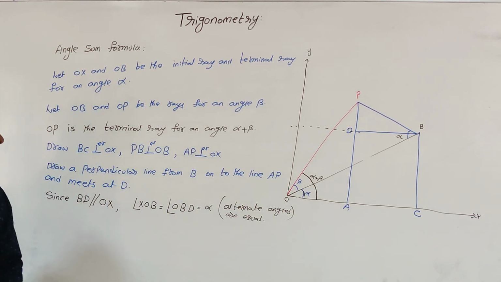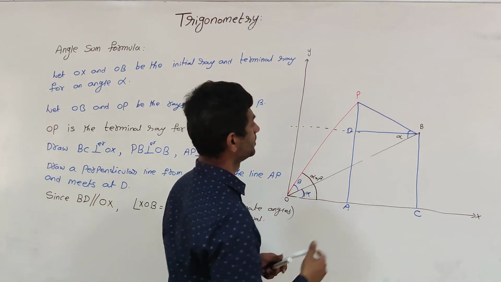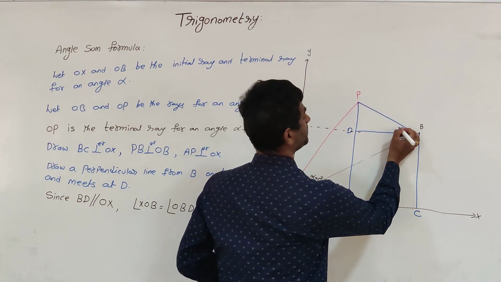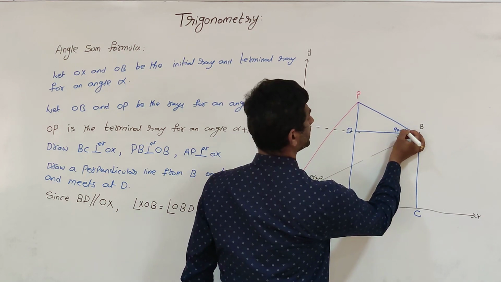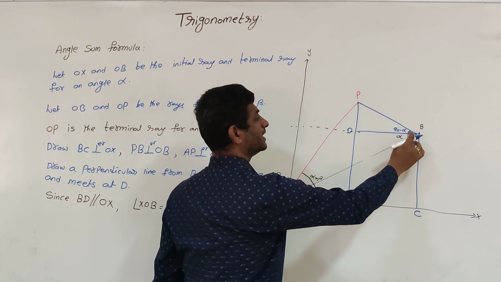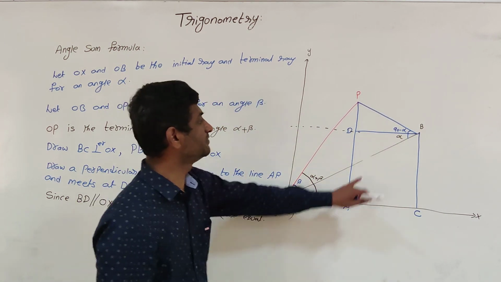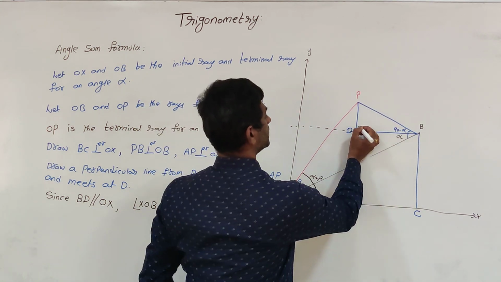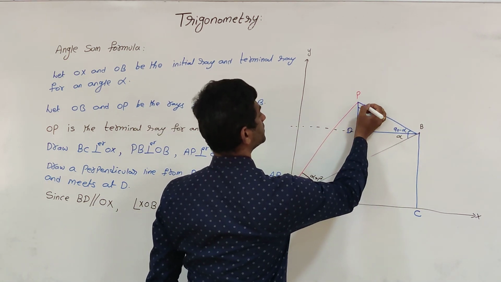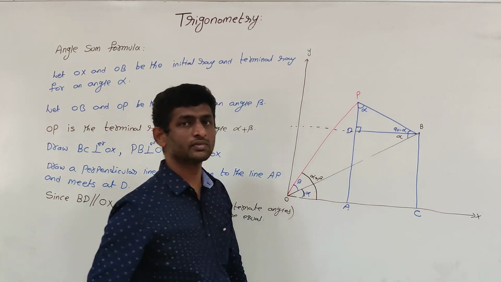Now if this is alpha, then what will be this? It will be 90 minus alpha, because the total angle is 90 degrees, and this will be alpha.